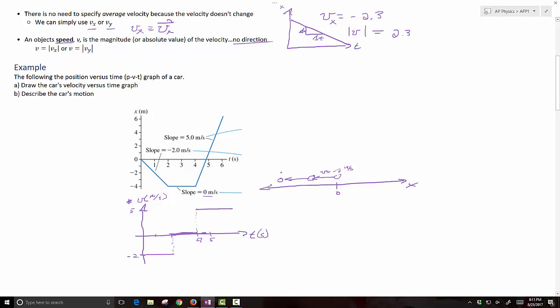It was 0 for 2 seconds, so we can just draw it up above. There's 1 second, 2 seconds. After 2 seconds, it started moving back towards the origin at a velocity of positive 5. This was negative, so it goes left, and then we start moving back to the right. And it's at 5, so we need to draw our vector longer than the 2.